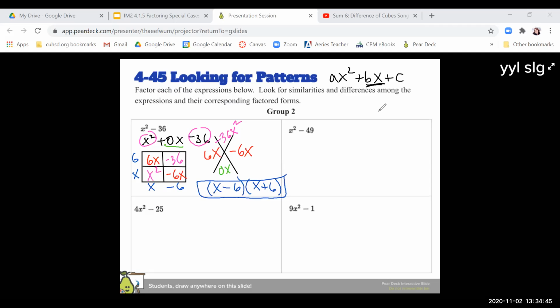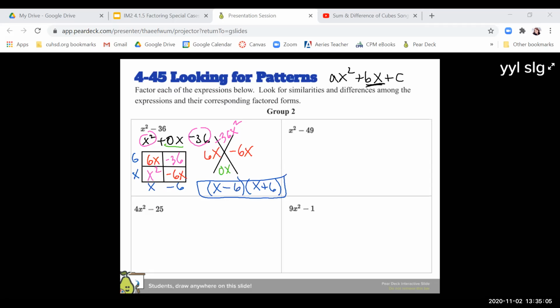So let's go ahead and take a few minutes to complete the rest of them. If you start to see a pattern and you want to shorten your work by using the pattern, you can. But I'd like to see everyone factor the remaining 3, at least get as far as you can in the next 5 minutes.